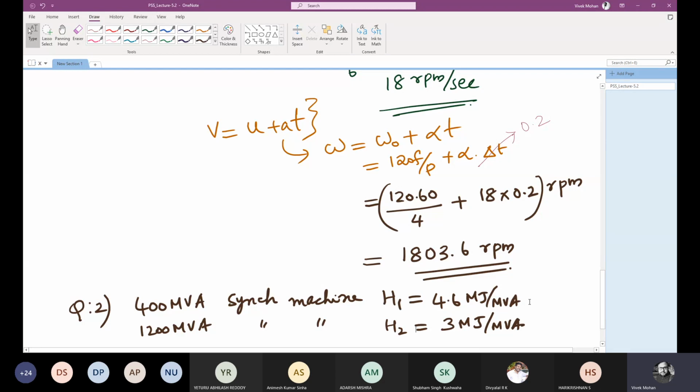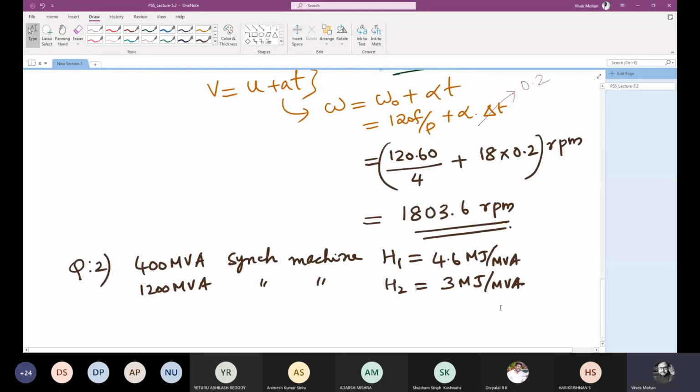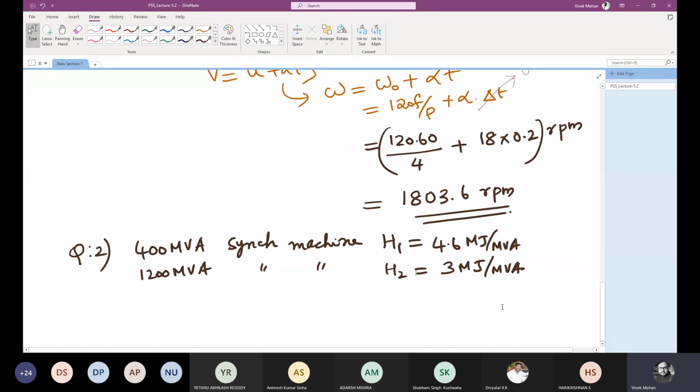The two machines operate in parallel in a power plant. Find H equivalent at 100 MVA base.